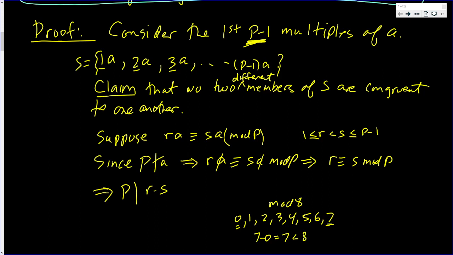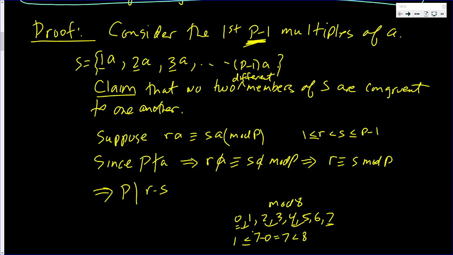That's less than 8, and that's the largest difference. The smallest difference is if you subtract 2 consecutive ones, and that will give you 1.